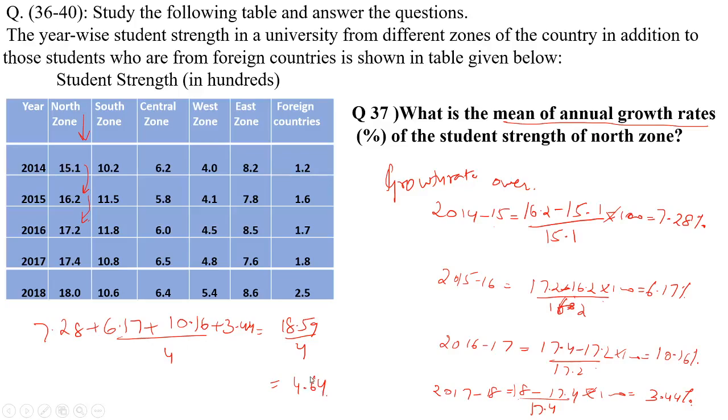One thing you should see: when we were directly taking out the mean, it was divided by 5. When we are talking about 14, 15, 16, 17, so it comes out to be 4.64, right?